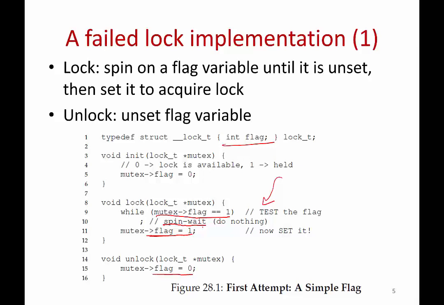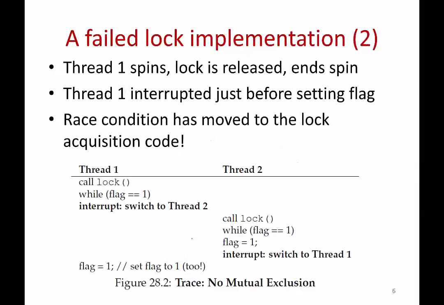It will run this busy while loop until the flag is 0. And once the flag becomes 0, it will go ahead, set it to 1 and acquire the lock, right? So this seems like a reasonable implementation of a lock, where you use this flag as a proxy to know when the lock is acquired or free, and you wait until the lock becomes free and then acquire it. So what's the problem with this?